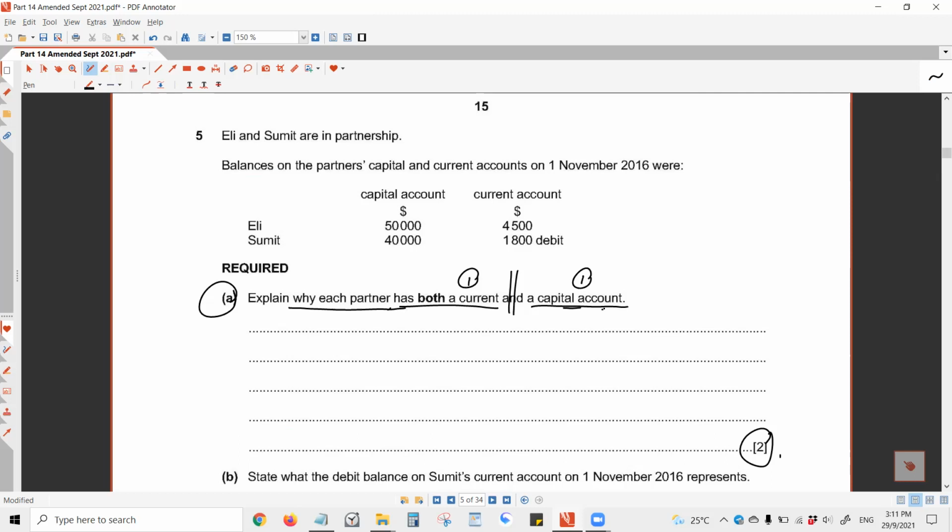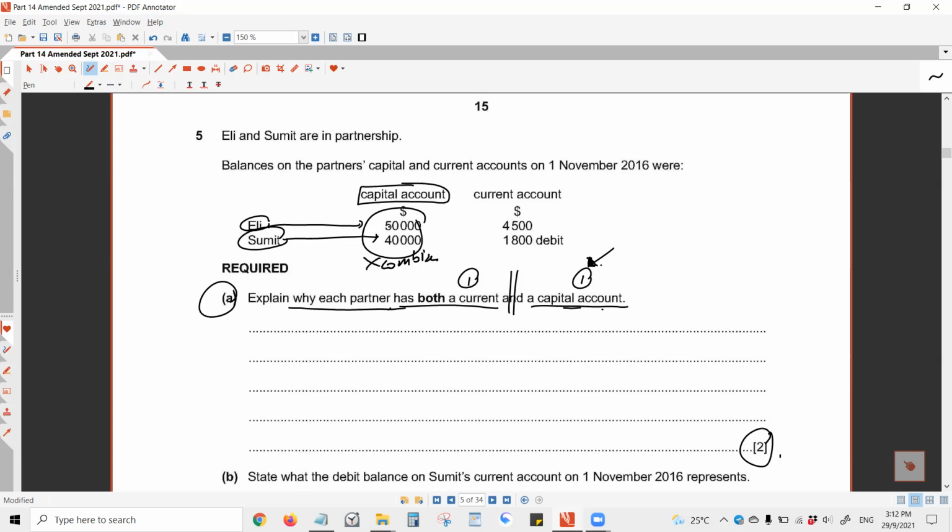So let's answer the one for the capital account first. The reason you need to have one account for each partner is because it allows you to calculate interest on capital more easily. You see, you have a capital account here for both Ellie and Sumit, and it's asking why we don't combine them.